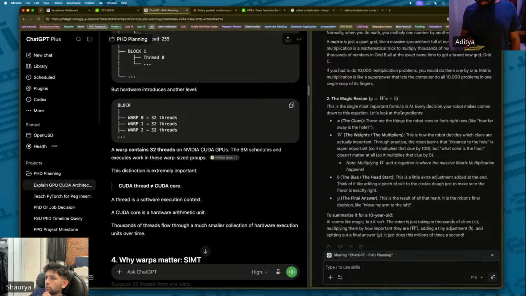A warp contains 32 threads. It's not equal.